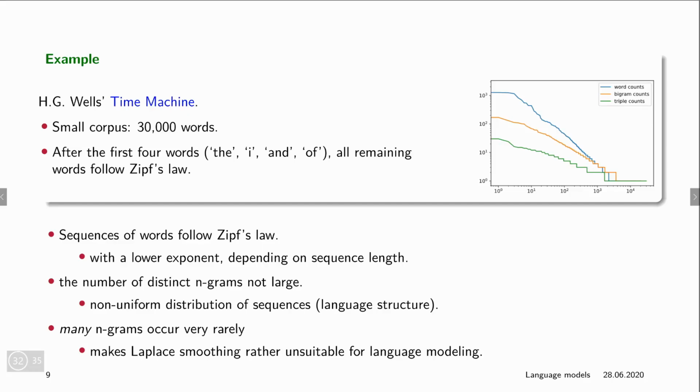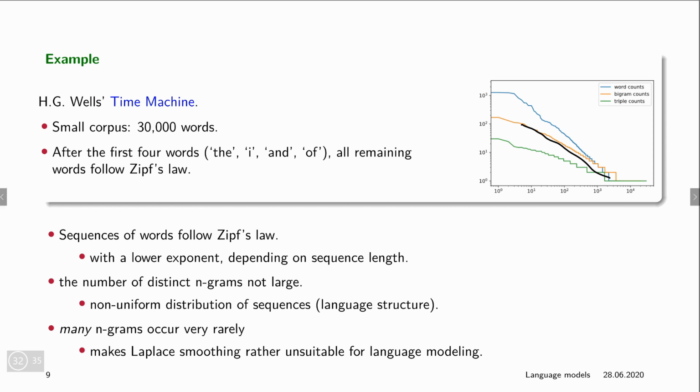Now if we look at sequences of short lengths, then we see a similar plot. If we look, for example, at our words as before, so this is the distribution over 30,000 words, and the distribution of bigrams and the distribution of trigrams, then the general observation that we see this straight line on a log-log plot still exists and is still the same.